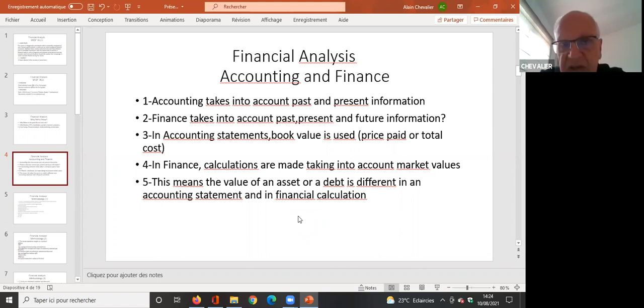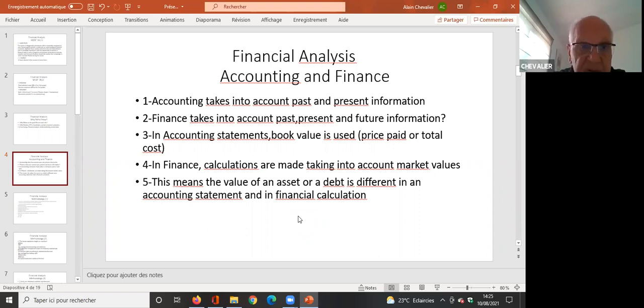The accounting system is the largest part of the information needed. But accounting and finance are different. And what we do in financial analysis is larger than what can be done only with the accounting data. Why?